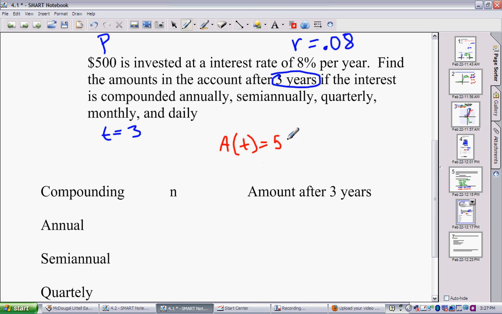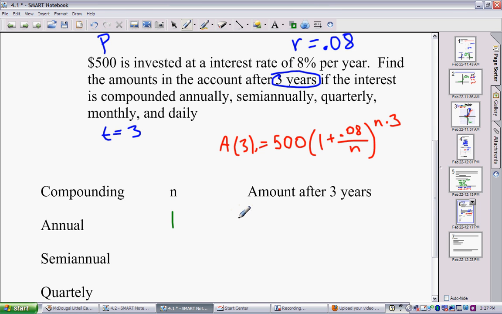So 500 times 1 plus 0.08 over n to the n times 3. So for annual is once every year.